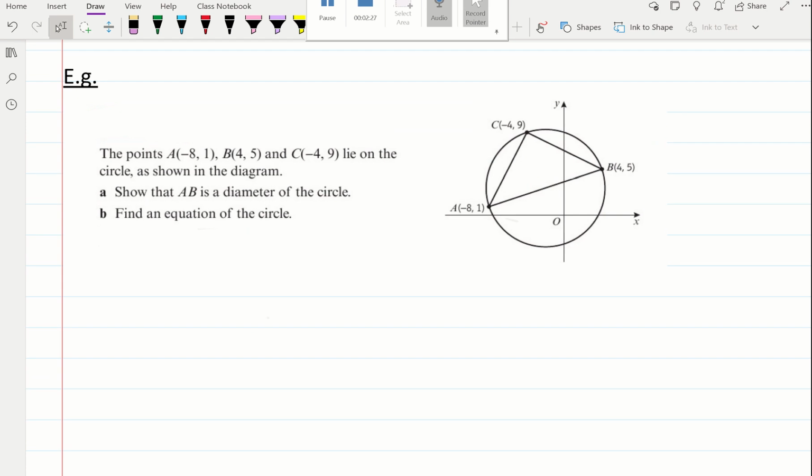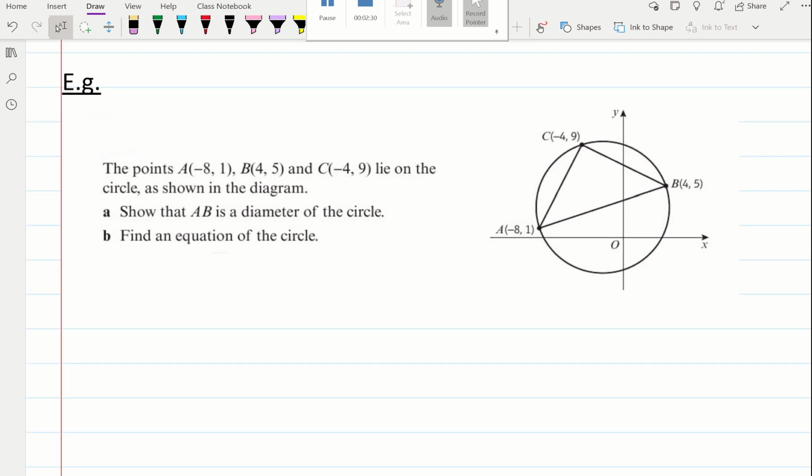And we're starting here. So the points A, B, and C lie on a circle as shown in the diagram. Show that AB is a diameter.